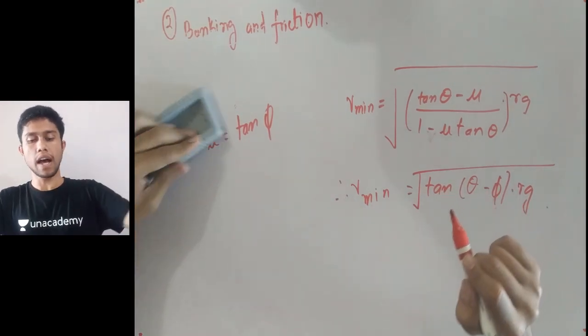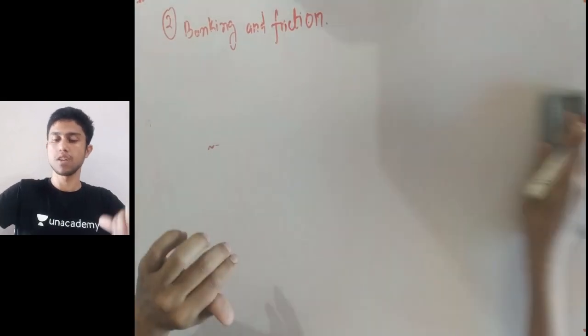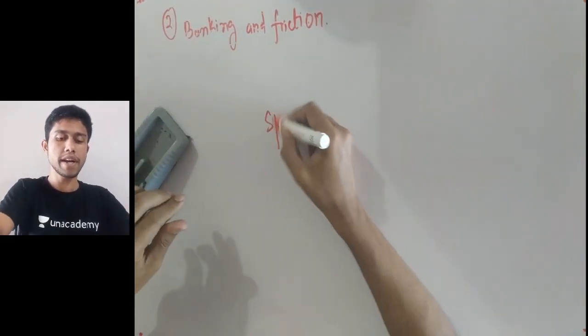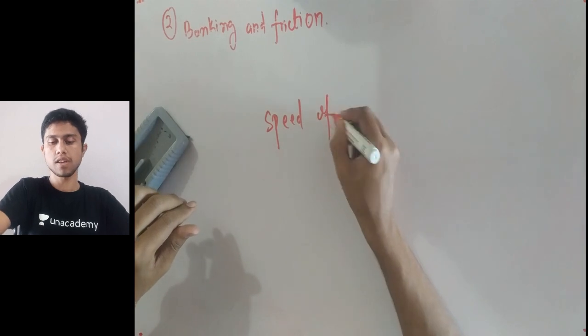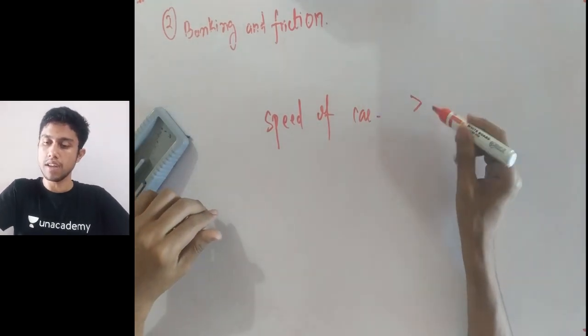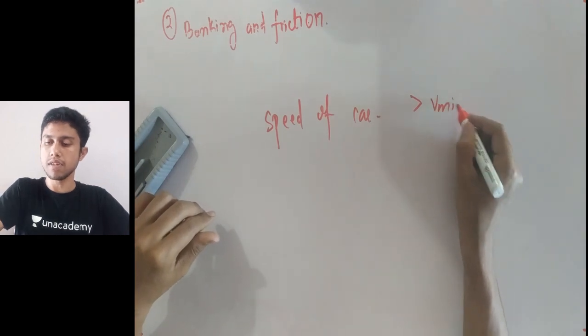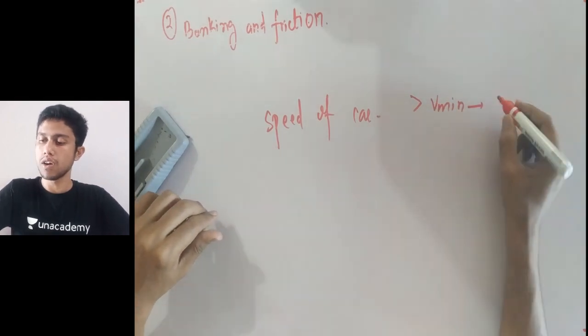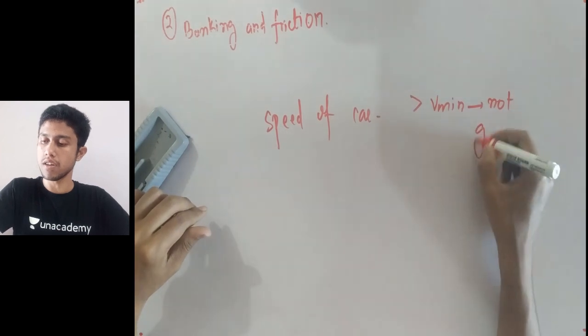Okay, and now I'll add some more points. Whenever the speed of the car is greater than this v minimum, the car is not going to skid.